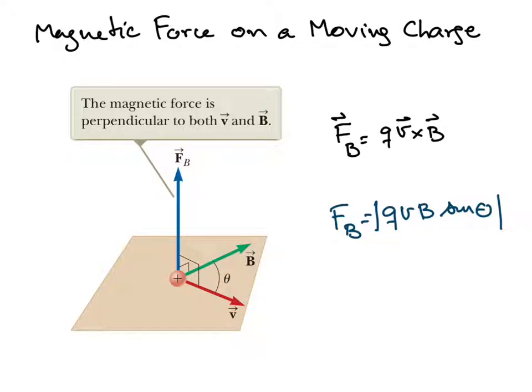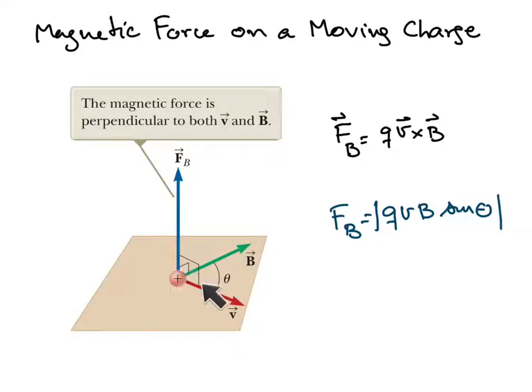We know that if we have a charge moving with velocity v in a region with a magnetic field pointing in this direction, and the velocity vector of the moving charge and the vector of the magnetic field have an angle theta between them, the magnetic force exerted on this charge will point perpendicular to the plane formed by these two vectors, like in this figure.